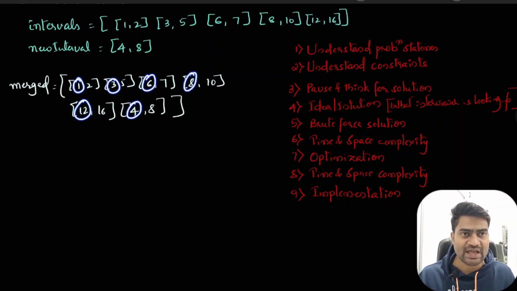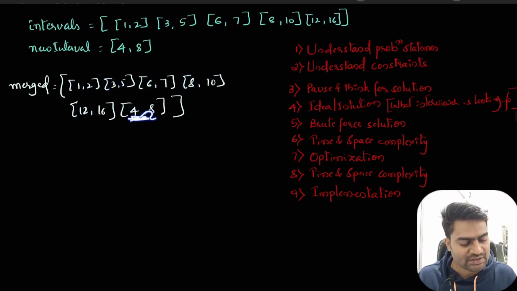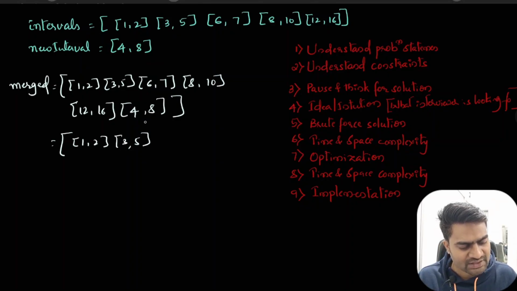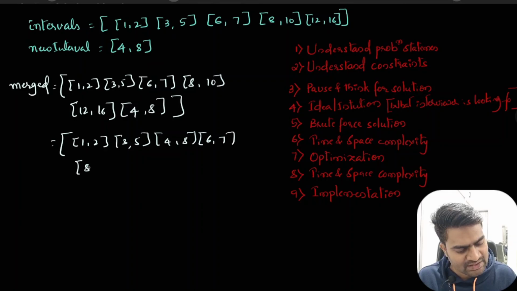Okay, so if I do that, now if you see, this value is 4, so it is somewhere at the end. Now after sorting, what it becomes, it will be 1, 2, then 3, 5. After that we need 4, 8. Okay, then 6, 7, then 8, 10, 12, 16.